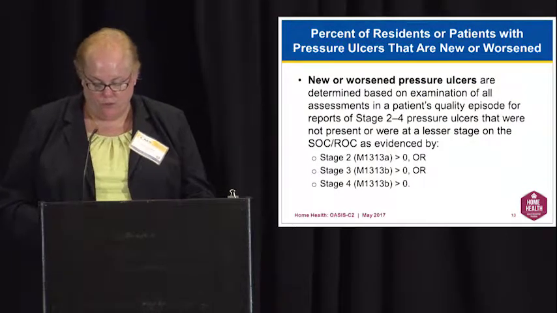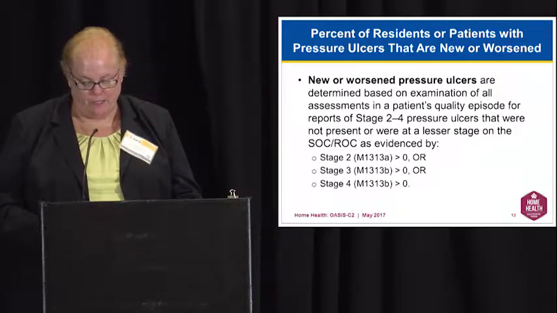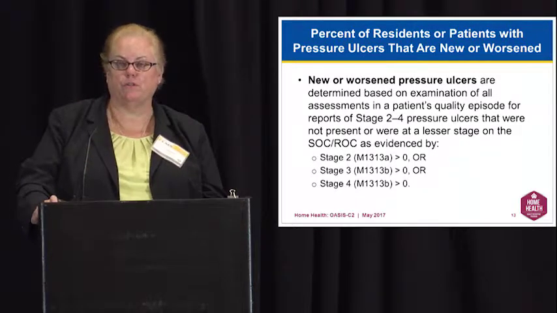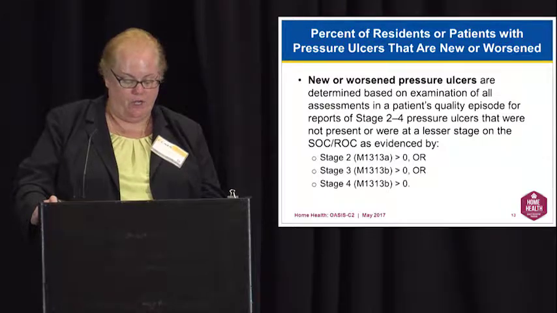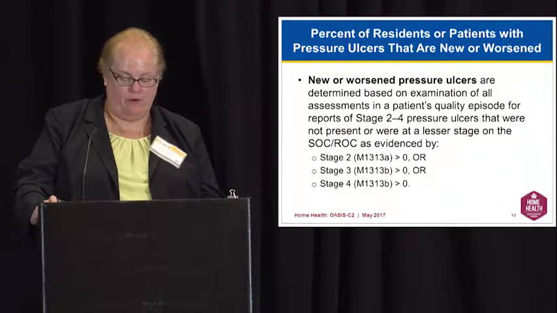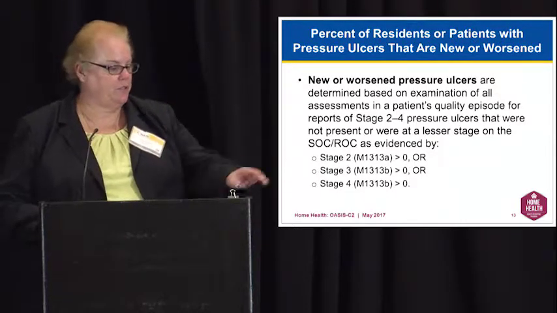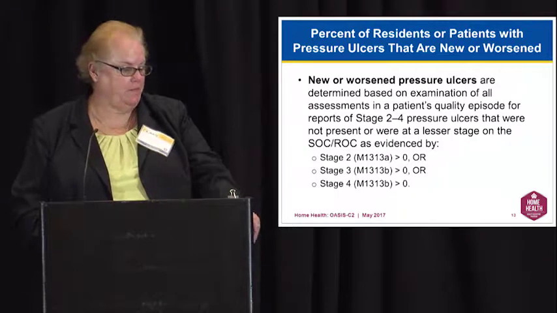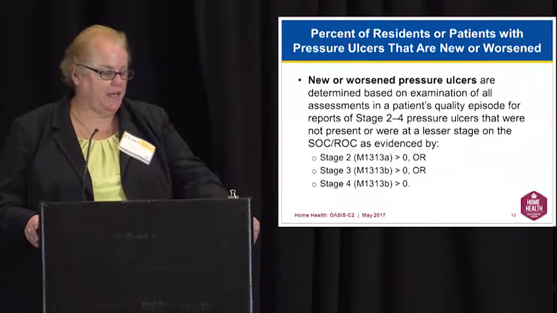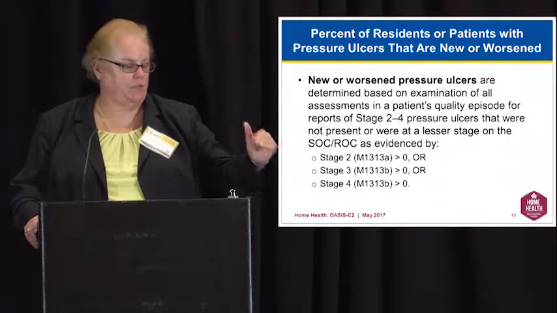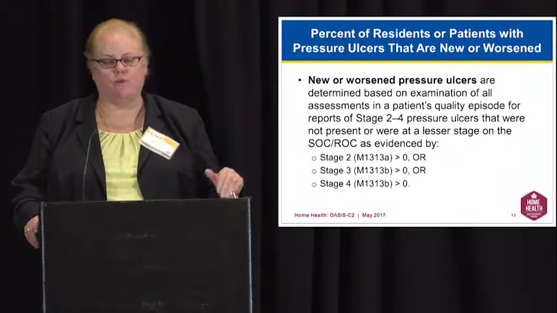So then we have the new or worsened pressure ulcers are determined based on examination of all assessments in a patient quality episode for the reports of stage 2 to 4 pressure ulcers that were not present or at a lesser stage on the SOC or the ROC, as evidenced by, and what you'll see here is stage 2 at M1313A, it's saying it's greater than 0, or in each one of those for stage 2, 3, or 4.